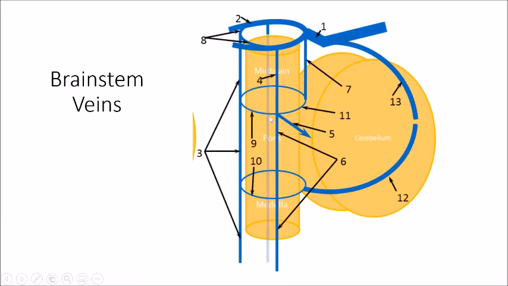These ones are transverse because they are on the lateral aspect of the pons and the medulla. So they are transverse pontine and transverse medullary veins. And then right here, number 5 is essentially your petrosal vein, and we'll visit that really quickly as well. And here are your superior and inferior vermian veins right here, superior cerebellar and inferior cerebellar veins.